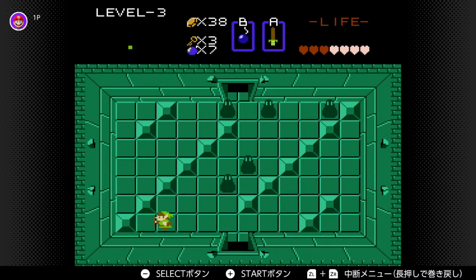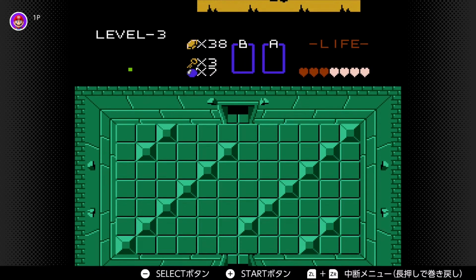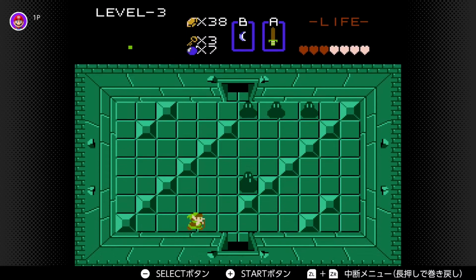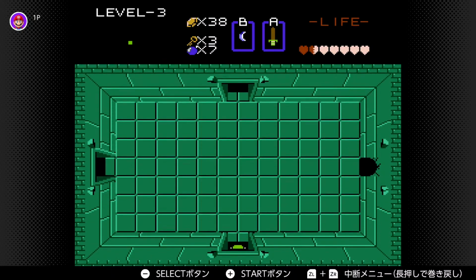Of course, unless they get in our way like this. Oops, always pressing select for some reason. Oh boy. Let's not get defeated by... And also reduce our health because of such enemies.